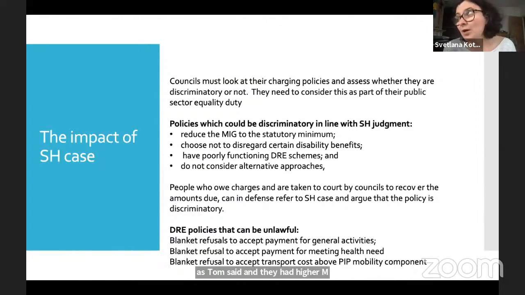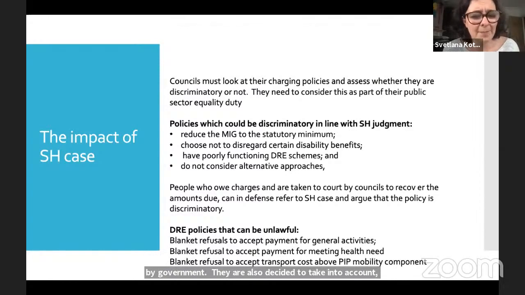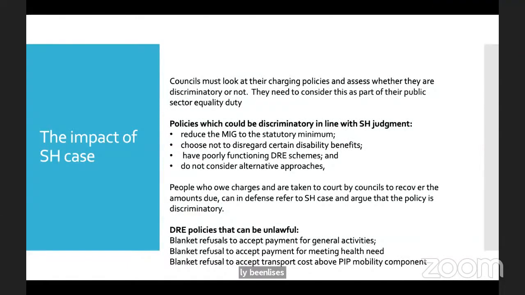And they also decided to take into account, as Tom said, enhanced rates of PIP and DLA, which effectively penalizes, as someone said in the questions and answers section, people with highest support needs and people who are not able to supplement their income by working.